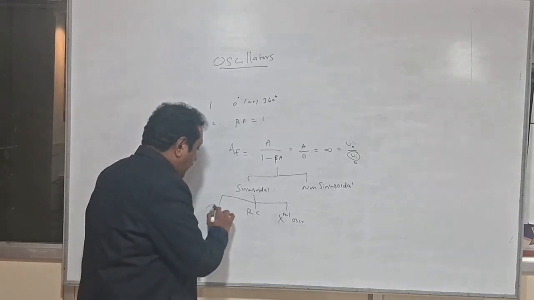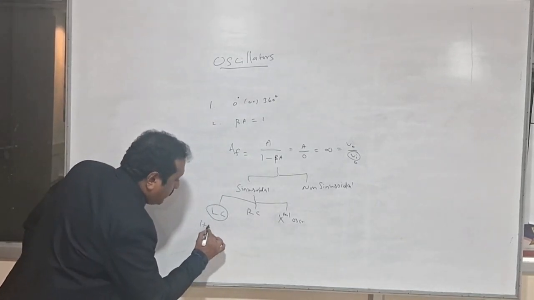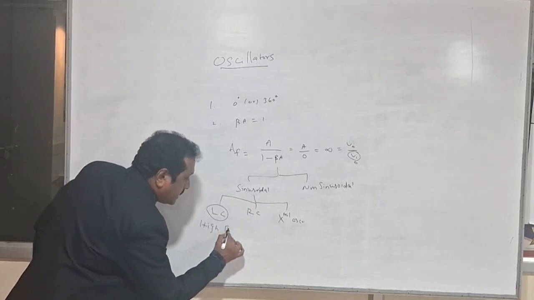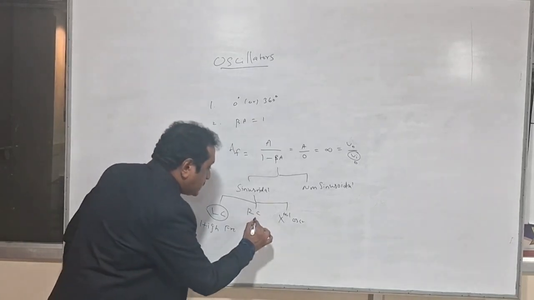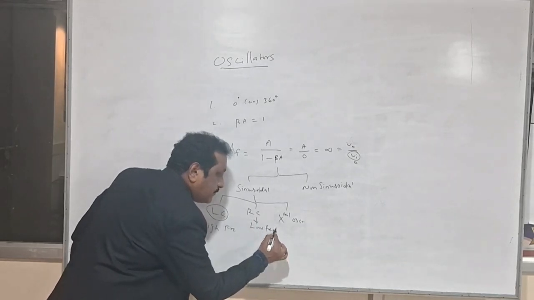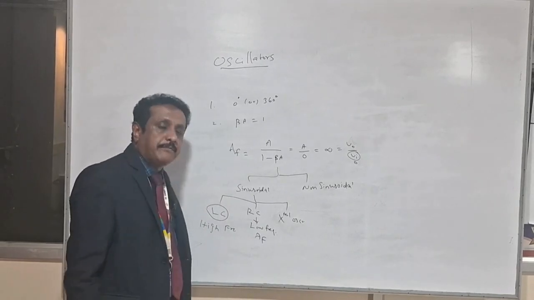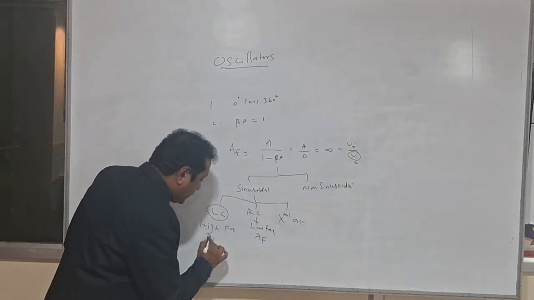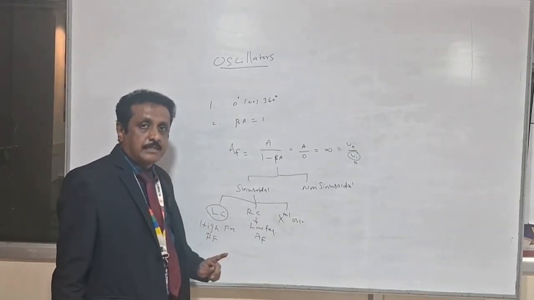The LC oscillator is otherwise known as a high frequency oscillator or RF oscillator, and RC oscillators are otherwise known as low frequency oscillators or audio frequency oscillators, AF. Here RF is radio frequency, and RC is audio frequency, AF oscillator.